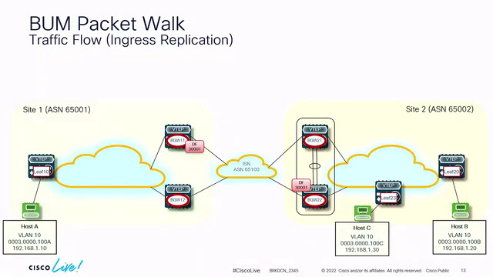The expected behavior is, if a host inside site 1 generates a layer 2 BUM packet, I want that BUM packet to be replicated inside my site to reach my local border gateways. The border gateways need to have some communication between each other to decide who is responsible to handle the replication of the BUM packet to the remote sites.